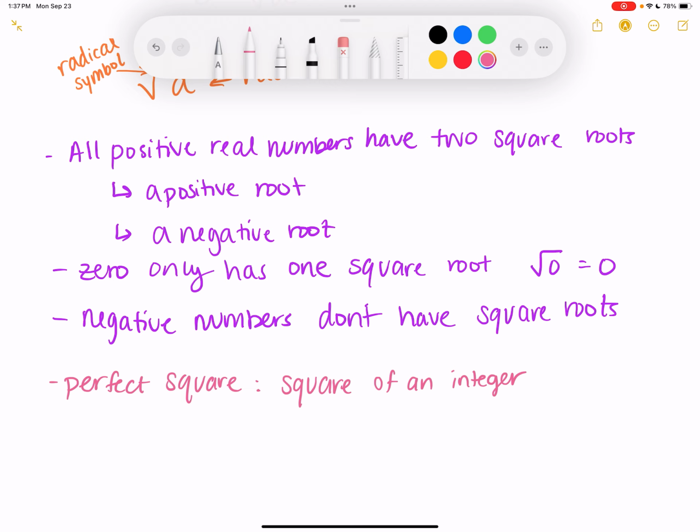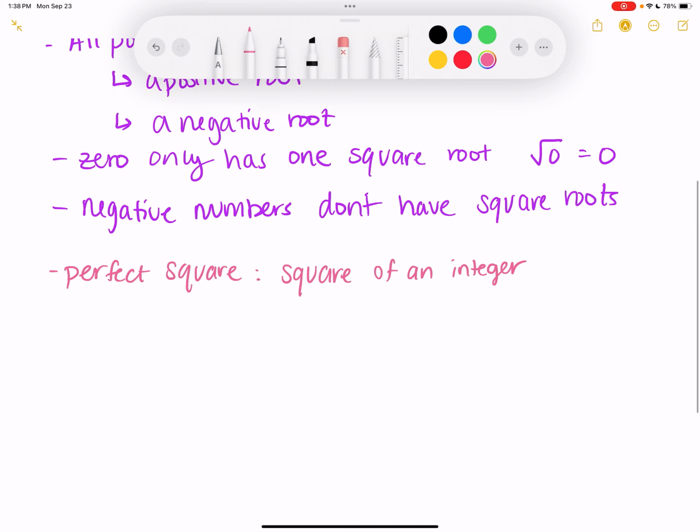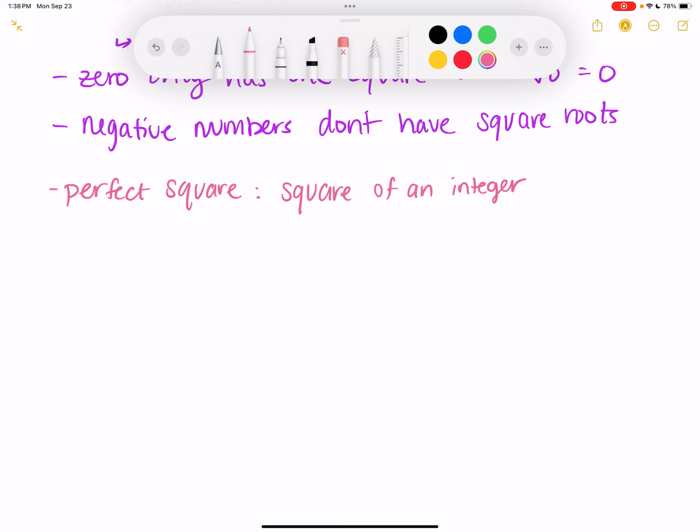Okay, so like 4 is a perfect square because 2 squared is 4. I want us to have a refresher on perfect squares and multiplication.